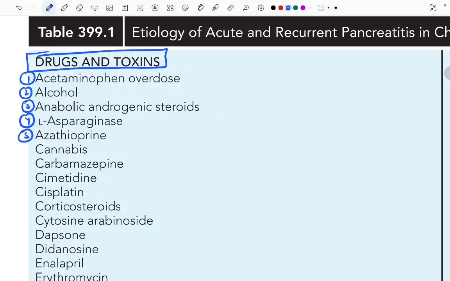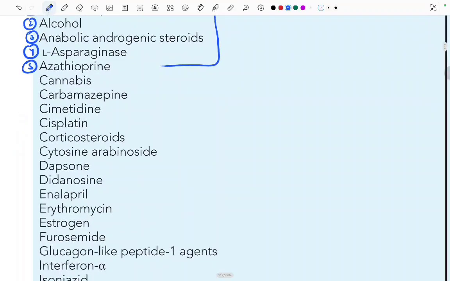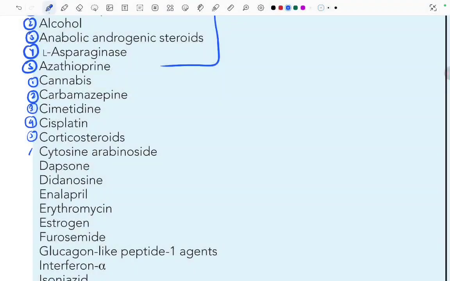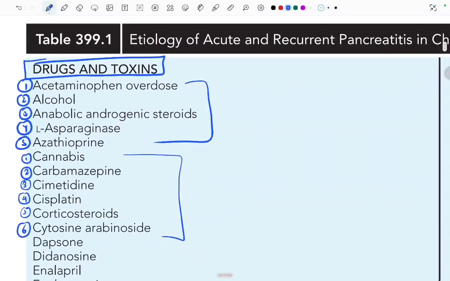These were all from A. Now from C, we have cannabis, carbamazepine, cimetidine, cisplatin, corticosteroids, and cytosine arabinoside. These are again drugs and toxins causing acute and recurrent pancreatitis.